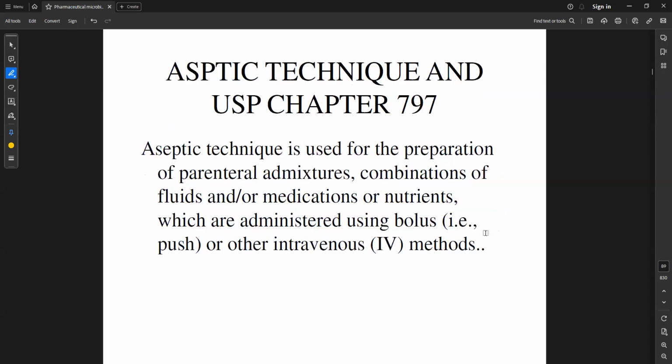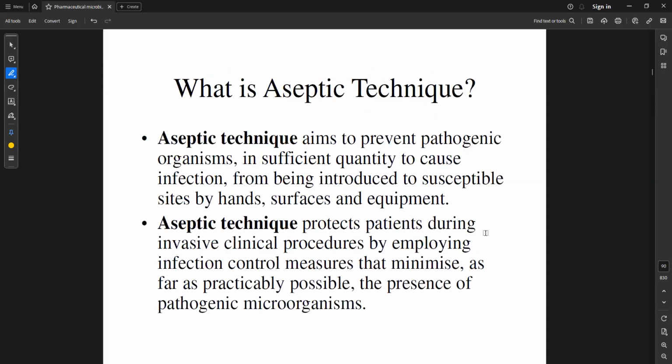So aseptic technique under USP chapter 797 is defined as the technique used for preparation of parenteral admixtures, combinations of fluids and of medications or nutrients which are administered using bolus, that is push, or other intravenous methods.